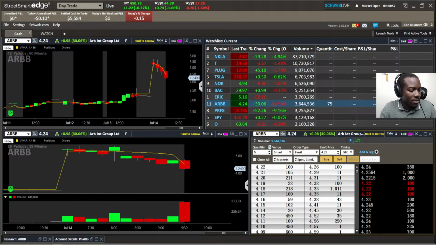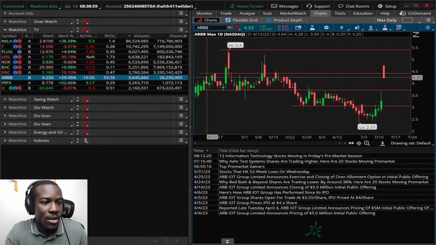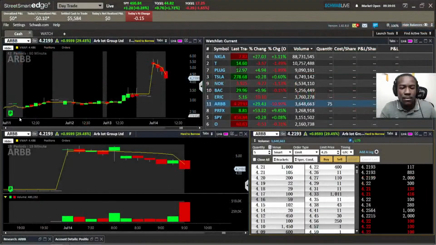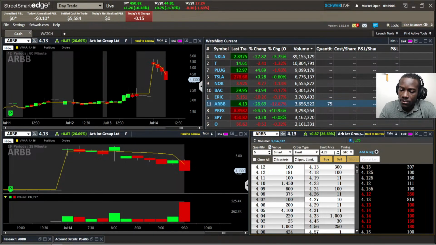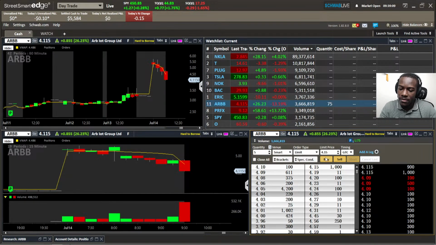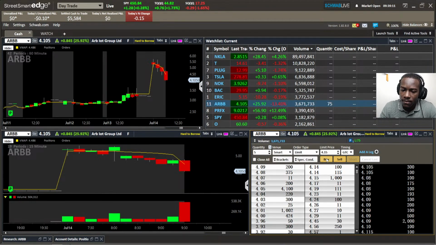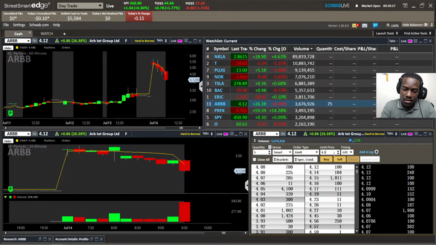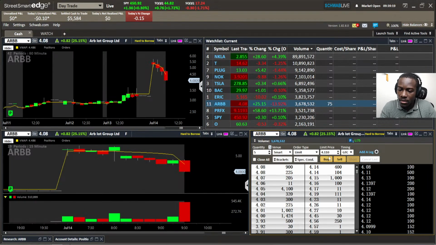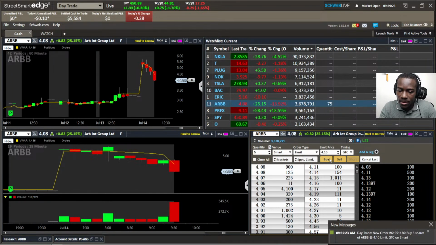Testing this consolidation right here. 415s. Risky, risky. 408s. Let's get on down there with it. Buy that.